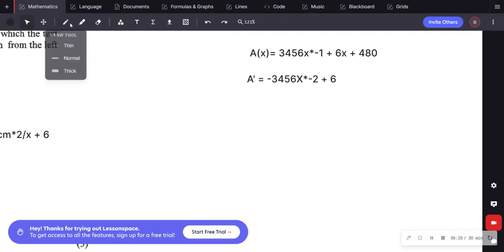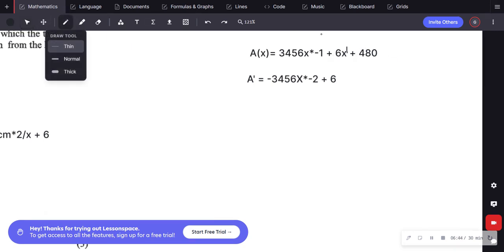Same here. Now, we can just draw a little 1 over here to help us. So 1 times 6 equals 6. And 1 minus 1 equals 0. So x to the power of 0 would be 1. So we would just be left with 6. And 480 has no variable.